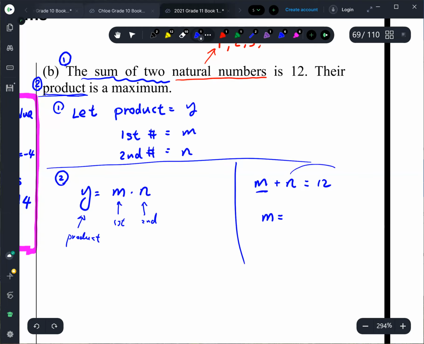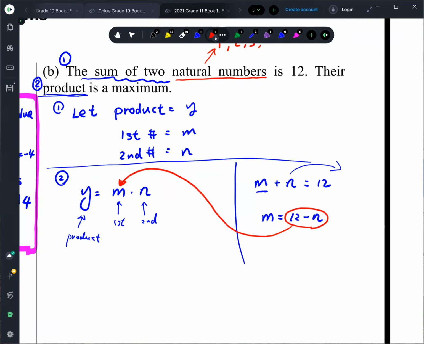So N has to go, so 12 minus N. Okay, so you just write M equals 12 minus N. This 12 minus N, you can use it to replace the M. Then you don't have so many variables in the equation. Got it? Okay, you can put it in by yourself.